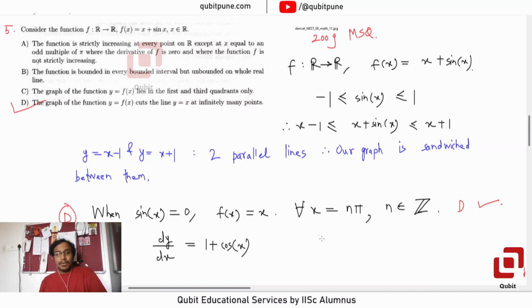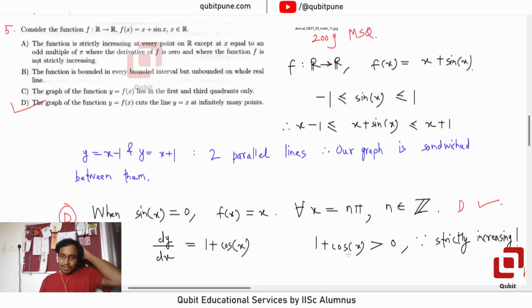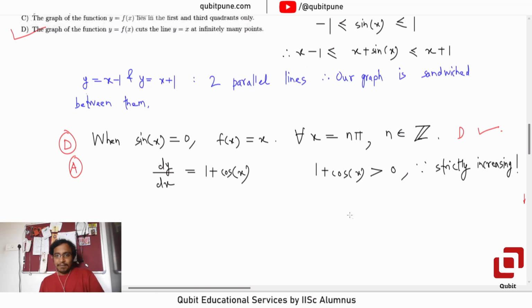Now, if you want this to be greater than 0, because we want it to be strictly increasing, not just increasing, strictly means equal to 0 is not allowed. If we want that, then what should we have?